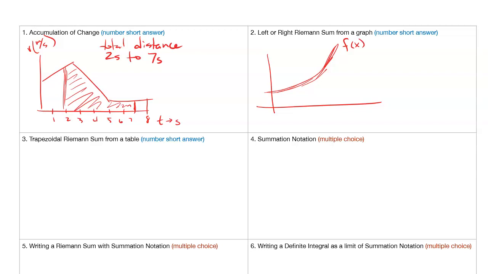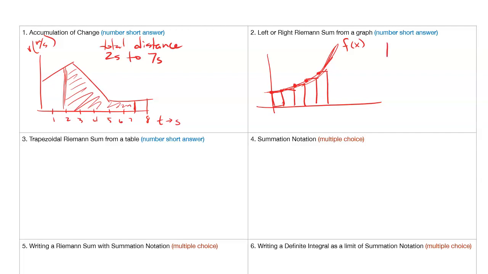Either way, it's very similar to question number 1, except on question 2 you're going to have to create rectangles. You will be told how many rectangles you need to make, from here to there.